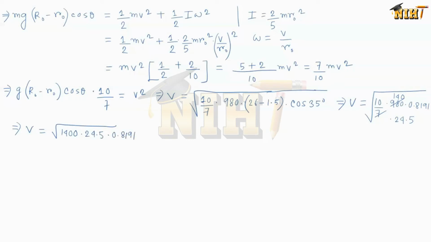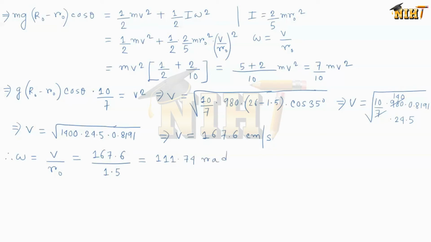The final value of v is 167.6 centimeter per second. Now from here we can get the angular velocity omega equals to v by r0. From here we will get, by putting these values, 111.74 radian per second. This is the value of angular velocity.